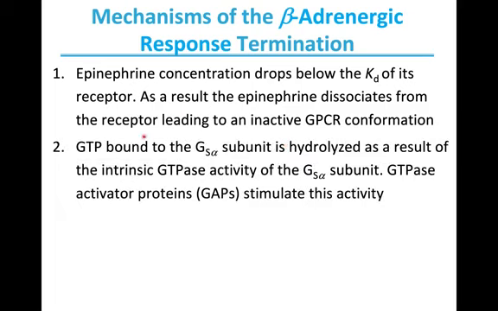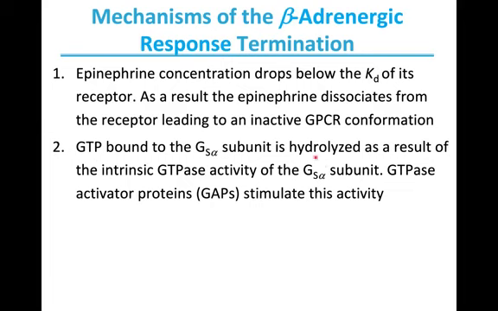The second mechanism involves GTP hydrolysis. GTP bound to the Gs alpha subunit is hydrolyzed as a result of the intrinsic GTPase activity of the Gs alpha subunit. Again, remember, Gs alpha is activated when GTP binds to it. Because the Gs alpha subunit has an intrinsic GTPase activity, it can hydrolyze GTP.